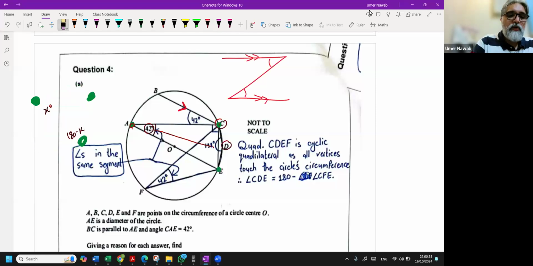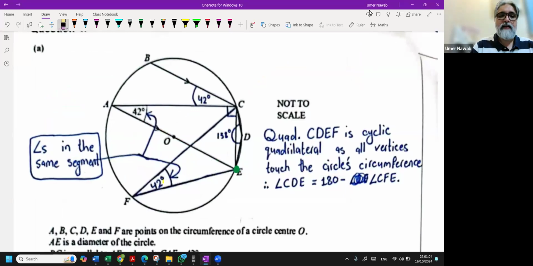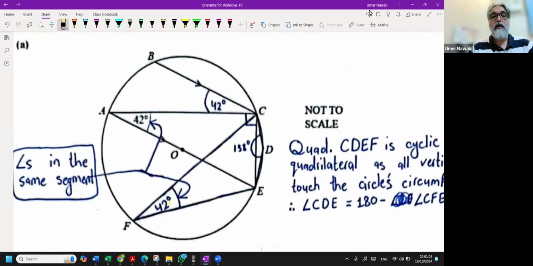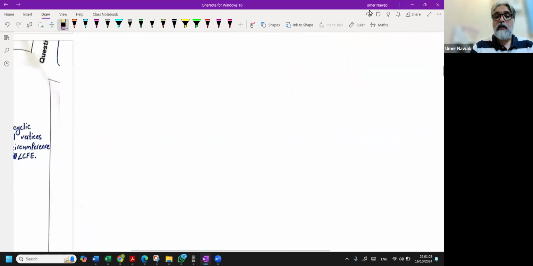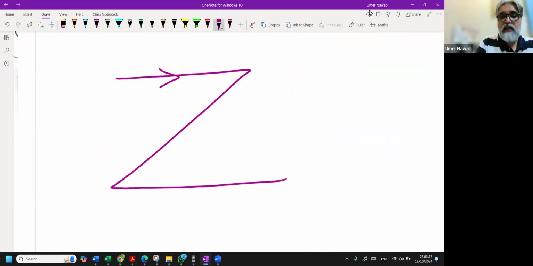Now I want to take you guys to question number 4. In question number 4, the interesting fact is that I have parallel lines. So guys, when parallel lines come in front of us, we need to use the famous Z property concept. I have parallel lines, use the Z concept.